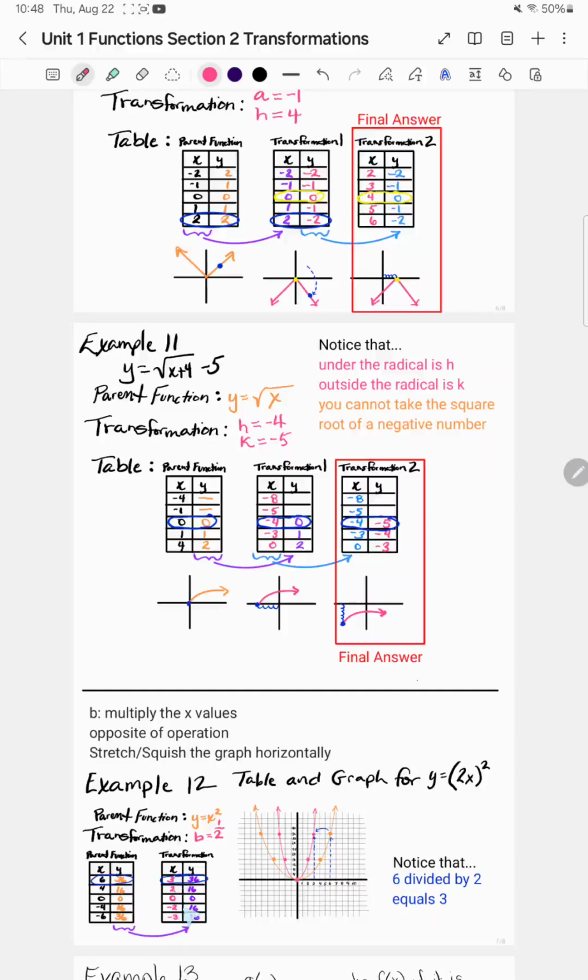So each of these has changed by the factor b. You can see in the sketch of the graph here, and if you need to pause it and count, you can do that. But if you look closely, you can see the orange here is the parent function. So from the parent function, 0, 0, 4, 16, 6, 36.